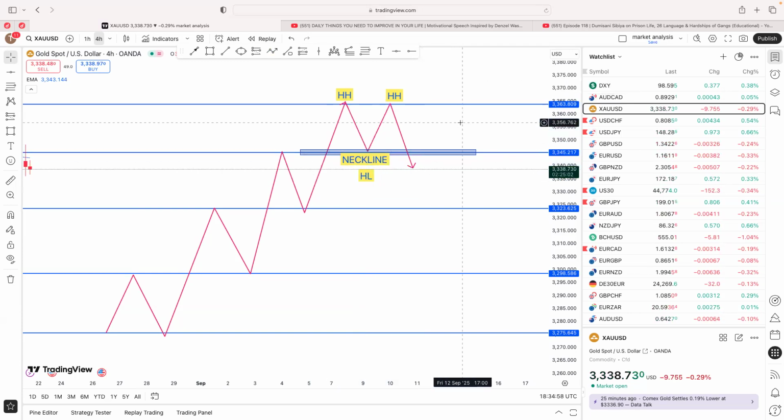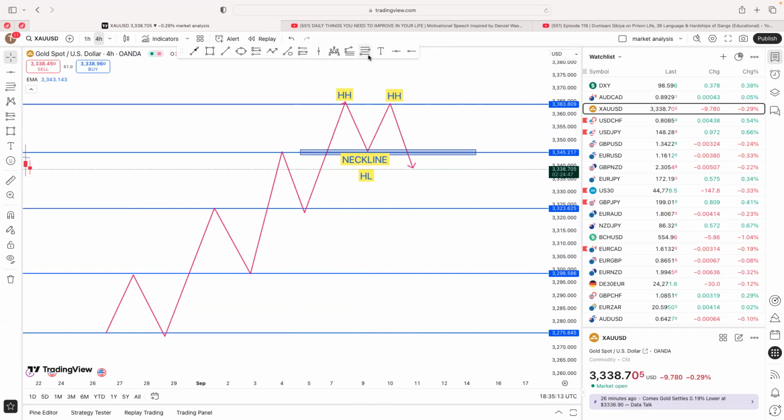Yes, we do have a neckline, and then once we have equal highs, we've got this M pattern.